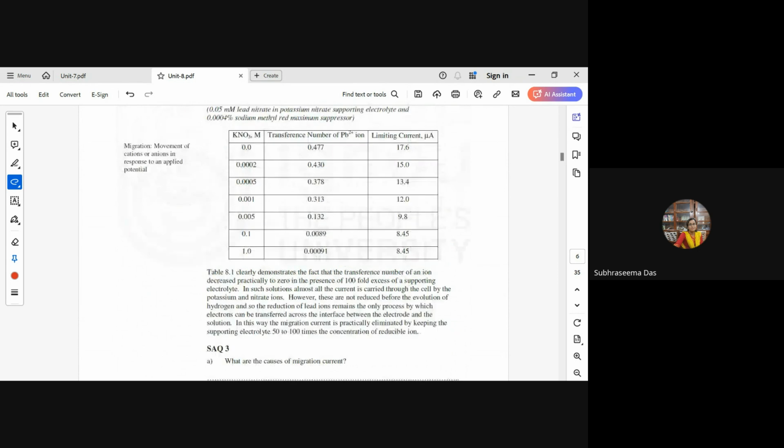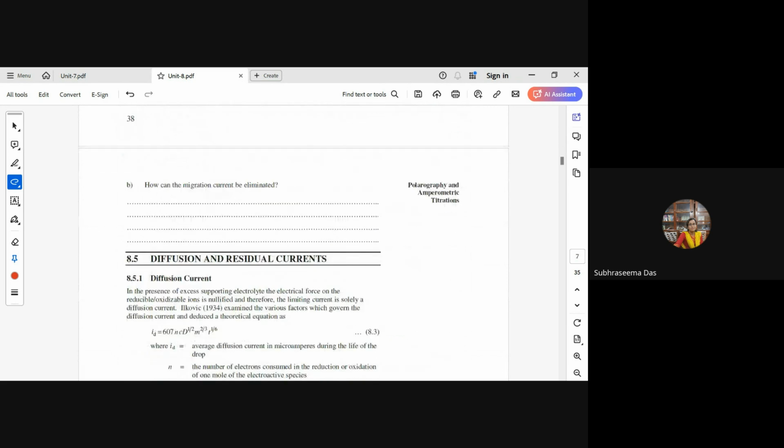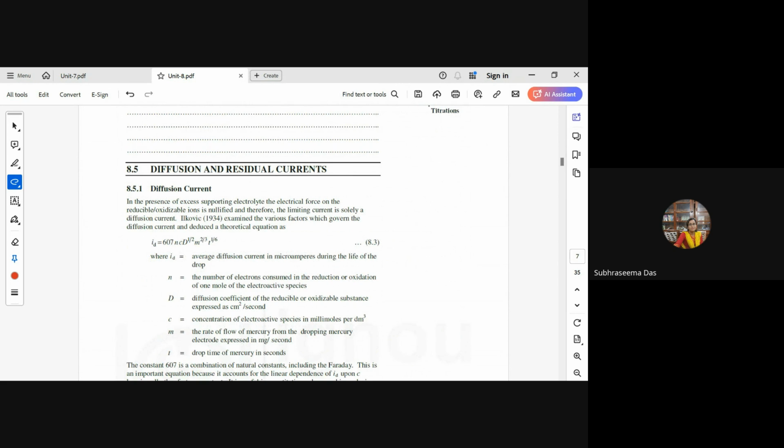From table 8.1, the transference number of an ion decreases practically to zero in the presence of almost 100 times the supporting electrolyte, that is KNO3. So in most solutions, almost all the current is carried through the cell by the potassium and nitrate ions. However, these are not reduced before the evolution of hydrogen. So the migration current is practically eliminated by keeping the supporting electrolyte more than 100 times the concentration of the reduced or oxidized species.